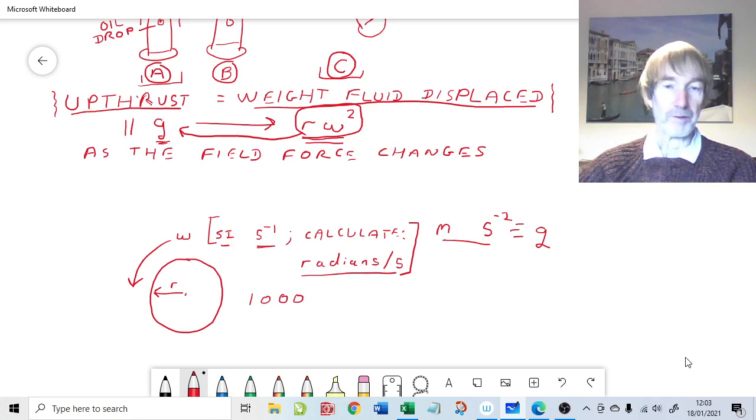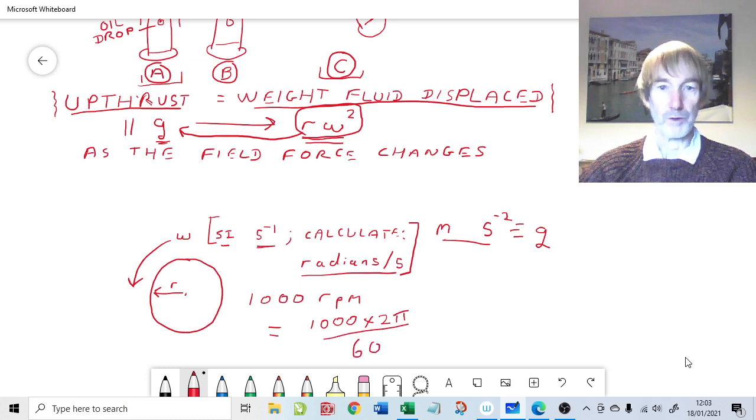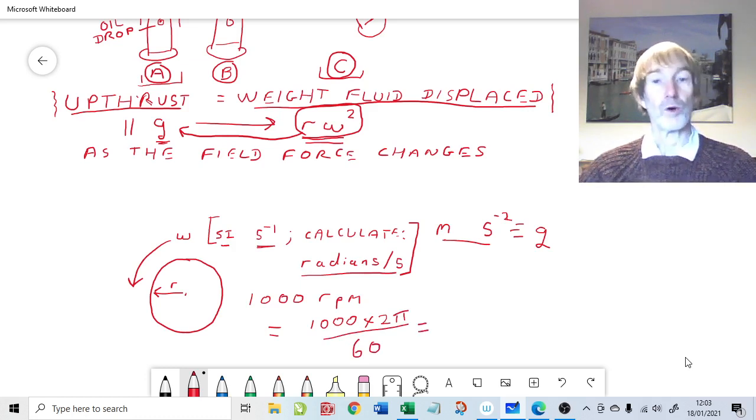Okay, so we're told in the question that the centrifuge is rotating at 1,000 revolutions per minute, and we need to convert that into radians per second. So that's 1,000 revolutions. We need to multiply by 2 pi, because each revolution is 2 pi radians, but we also need to divide through by 60, because it was 1,000 revolutions per minute, and we need per second as the unit.